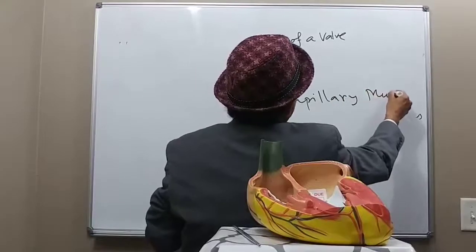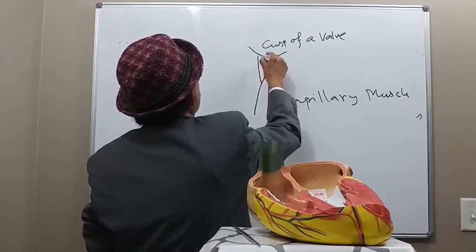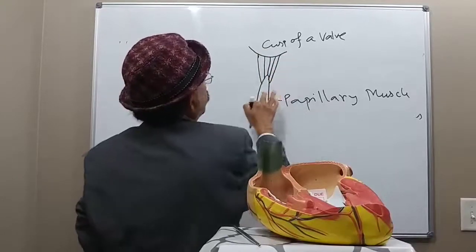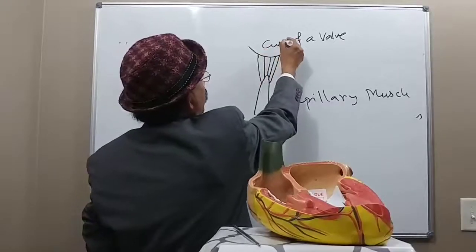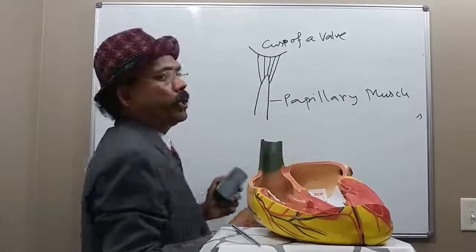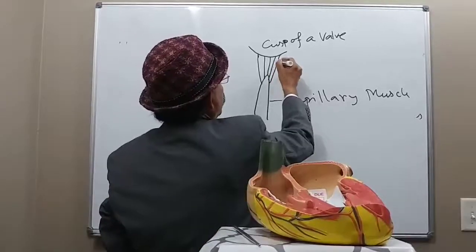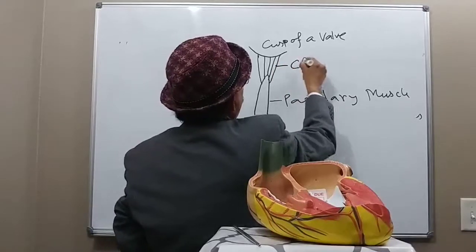So we have some cord-like structures. These are cords, these are connective tissue. This is cardiac muscle. This is the cusp, mostly connective tissue with endothelial covering on both surfaces. These cord-like structures are called chordae tendineae.